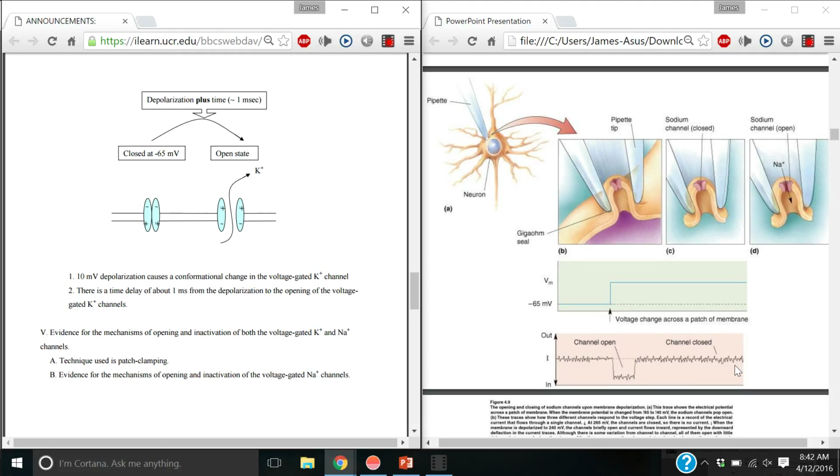So, what about the potassium channel? First, finish with the sodium channels.